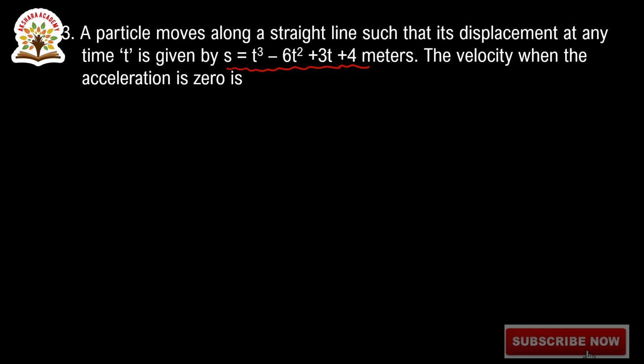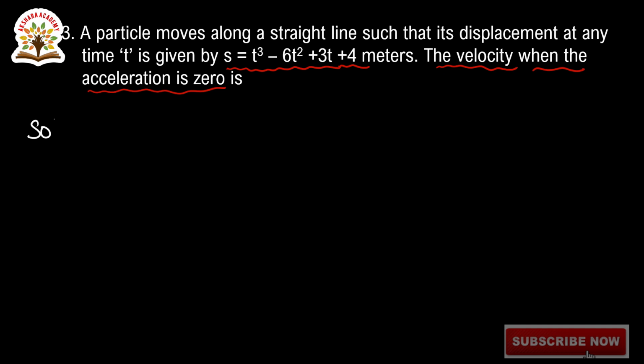Then the velocity when the acceleration is 0 is. So here in this question they have given displacement s is equal to t cube minus 6t square plus 3t plus 4 meters. You have to find out the velocity when the acceleration is 0. Okay. Let us come to the solution.